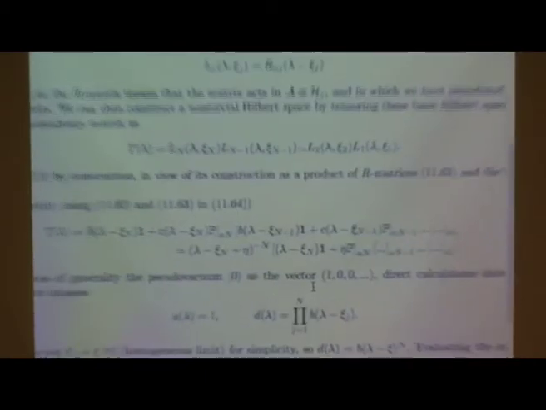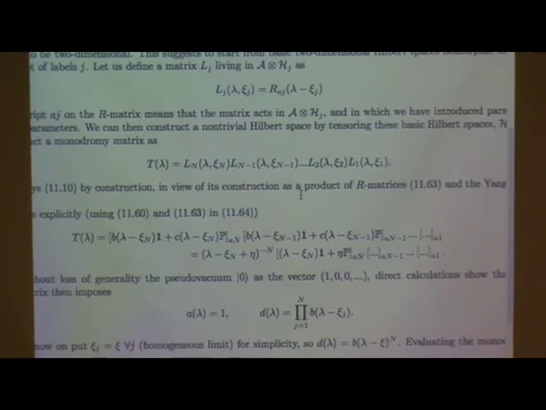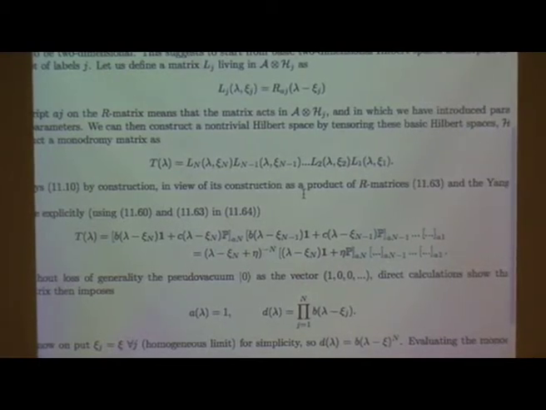So the idea is that we introduce some local Hilbert space on site j, and then we say that on this site j, I'm going to take some kind of operator here and identify it with the R matrix, maybe with some inhomogeneity here. You can read the details about that in the notes.